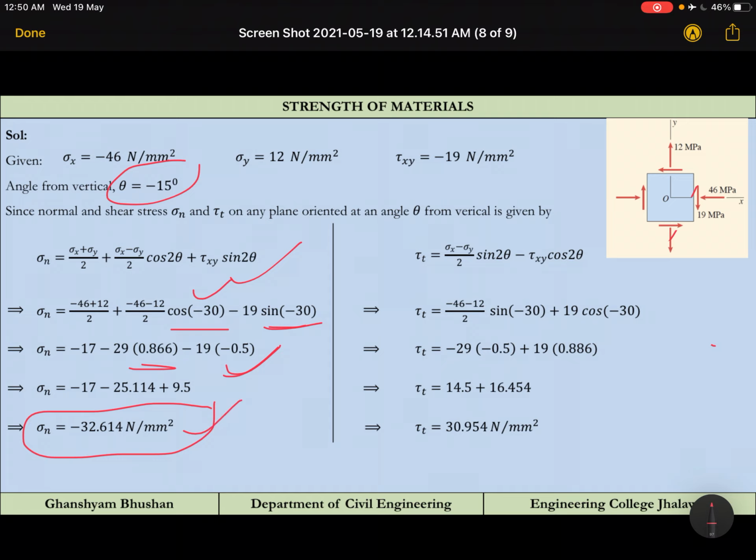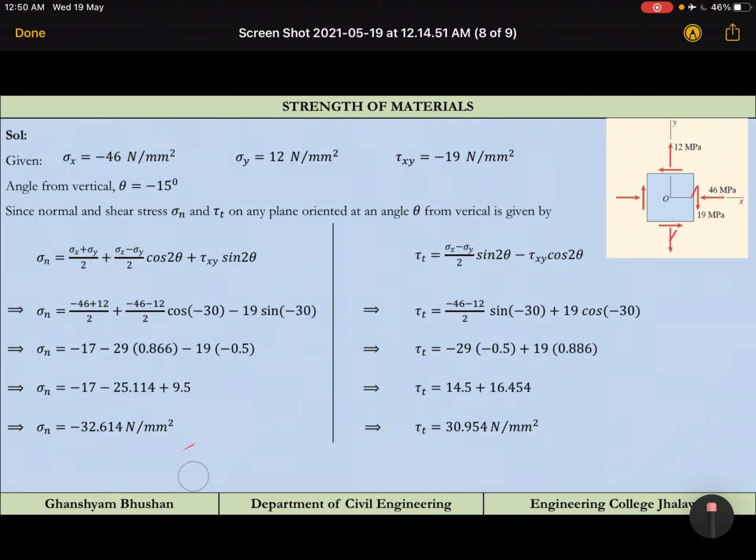So after putting all the values, you are getting sigma n as minus 32.614 megapascal. Again, this means for our situation we have calculated the stress in this direction, so this is coming out to be compressive in nature, that is opposite to whatever we have assumed for deriving our equations. So that reference diagram should be very clear to you. Else you will find all the values here and there, negative and positive, and you will lose your marks.